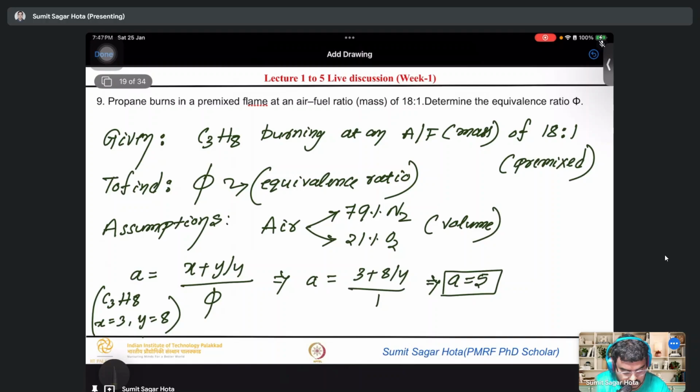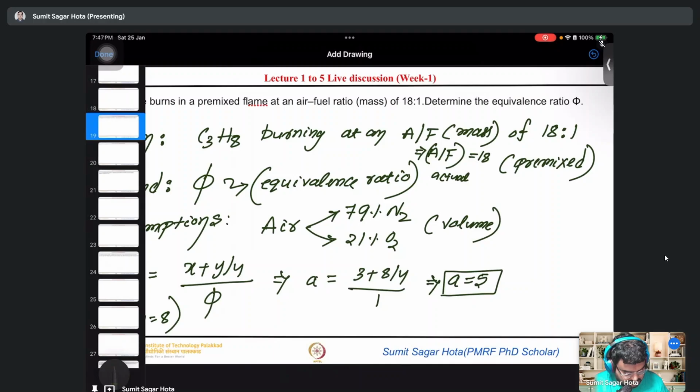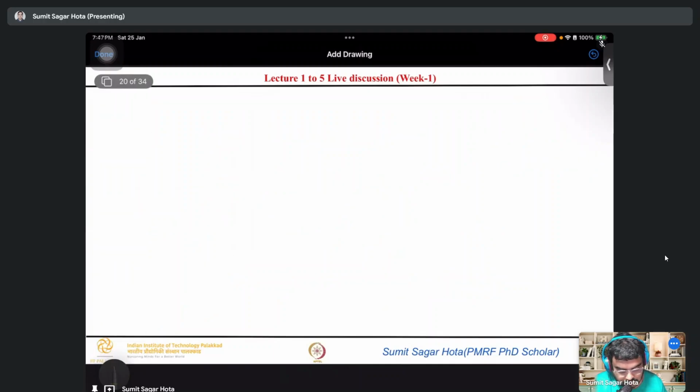Now we just need to find out the stoichiometric air fuel ratio. Since in the question the air fuel ratio is given, we need to just find out the stoichiometric air fuel ratio. So what is the stoichiometric air fuel ratio?